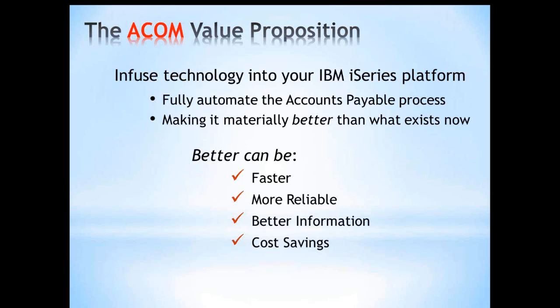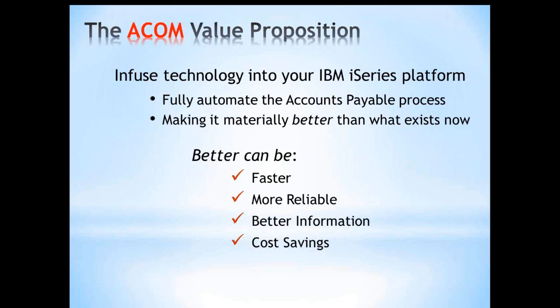Now the question then becomes, well, this is great that it's running faster and with better information, but is there any metric that the AP department can look at and say, if we implement the ACOM solution, truly the process is better?